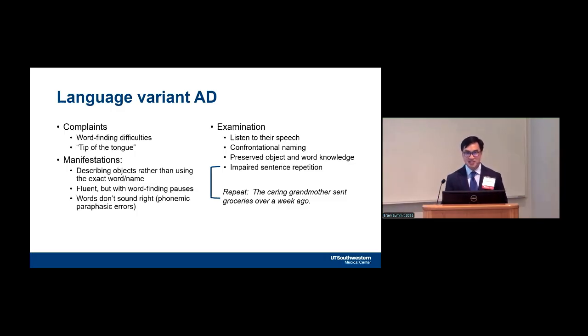So if I told you, repeat the sentence, the caring grandmother sent groceries over a week ago, you all should be able to repeat that sentence pretty easily, right? The patients that have the logopenic variant, or the language variant of Alzheimer's disease, may say something like, the grandmother sent food over. They won't be able to say that whole sentence. And if it gets bad enough, they'll just tell you, yeah, I can't repeat that. It's actually kind of interesting.